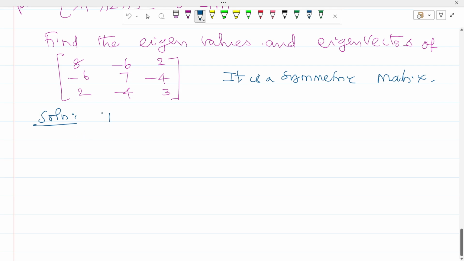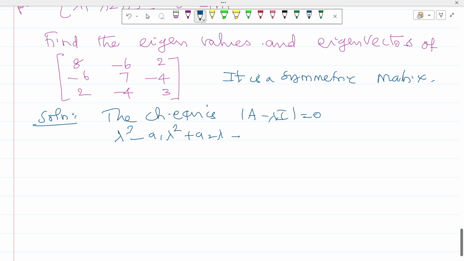The characteristic equation is |A - λI| = 0. What is the shortcut formula? λ³ - a1 λ² + a2 λ - a3 = 0.